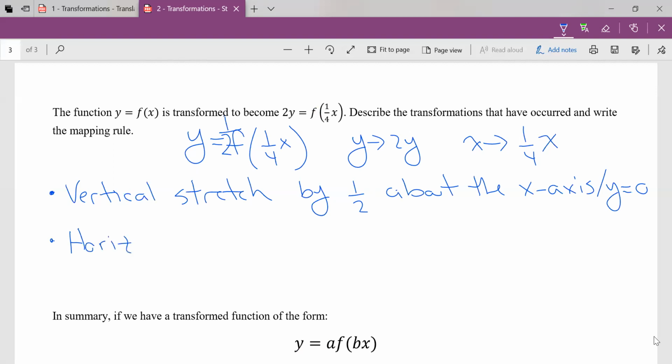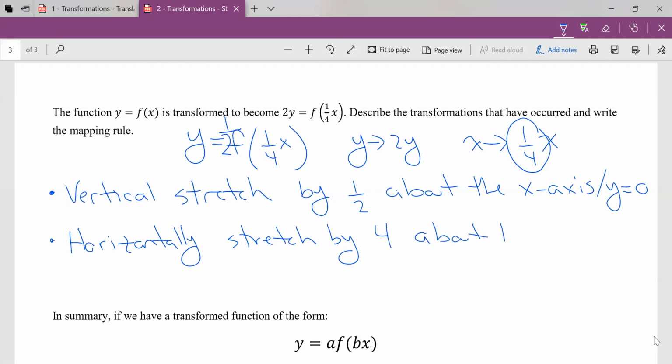Well, we horizontally stretched by, again, the reciprocal, by a factor of 4 about the y-axis, or if you wanted to call that the line x is equal to 0. Okay, so there it is.